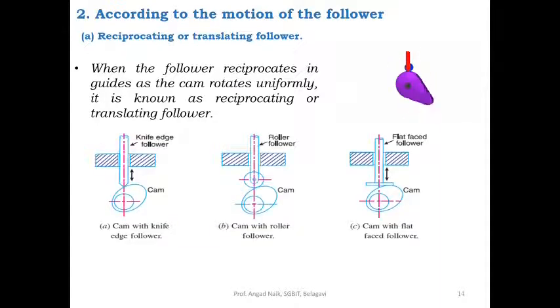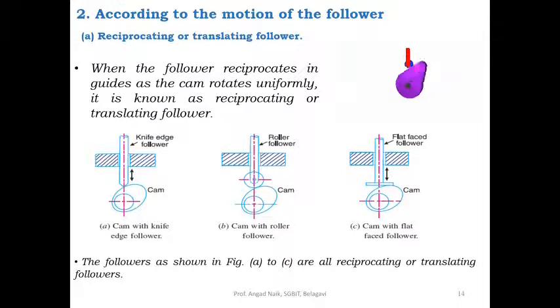So the figure is like this, whether it is knife edge follower, roller follower, or flat faced follower, all these types are involved in reciprocating or translating follower. The followers as shown in figure A to C are all reciprocating or translating followers.